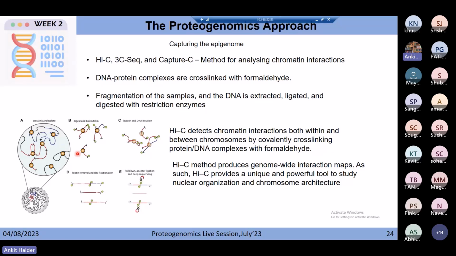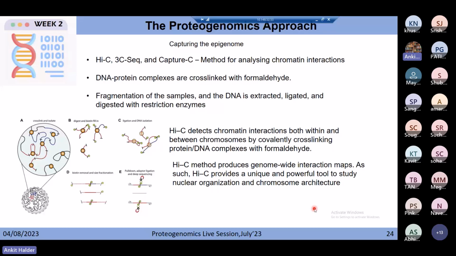So this detects chromatin interactions within and between chromosomes by covalently cross-linking protein-DNA complexes, and it produces genome-wide interaction maps. It provides a unique and powerful tool to study nuclear organization and chromosome structure. So Hi-C helps us get all those cross-links and the architecture in a very good manner.